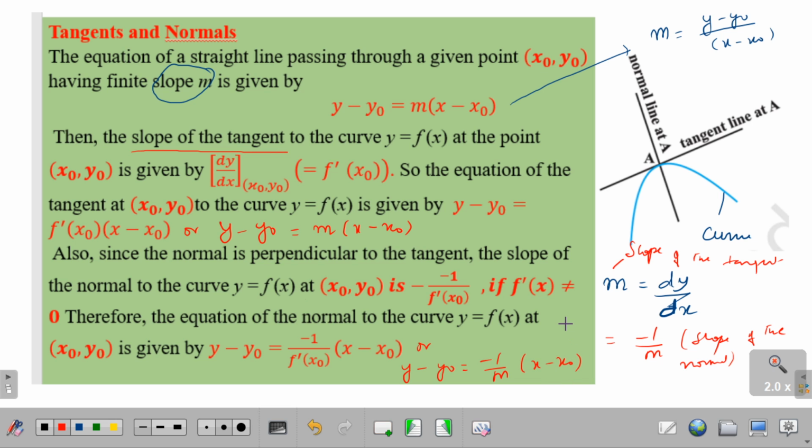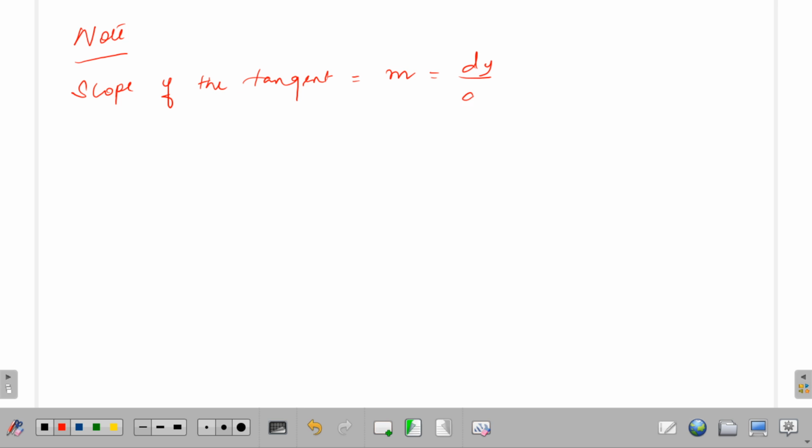Let me give you a brief note. Always remember that the slope of the tangent is m, or dy by dx, or f dash x.